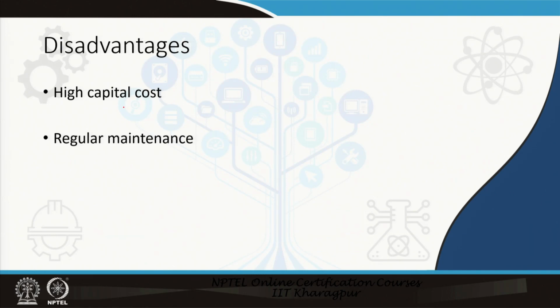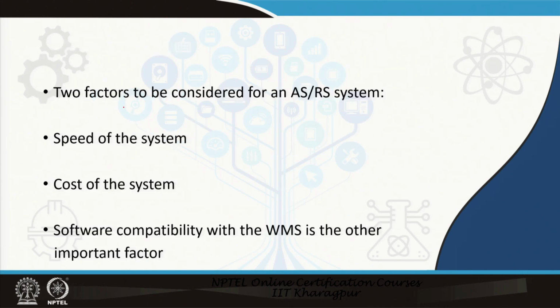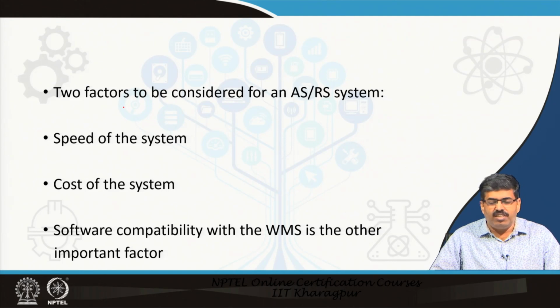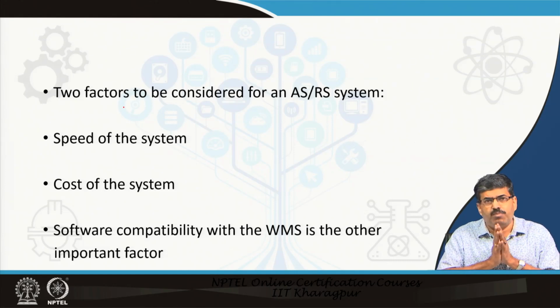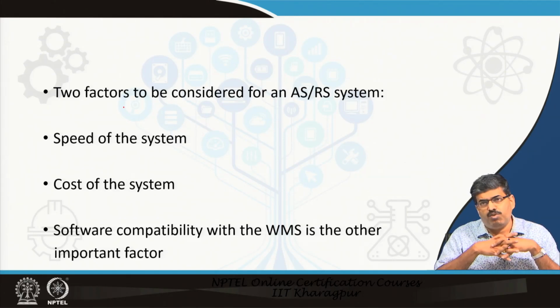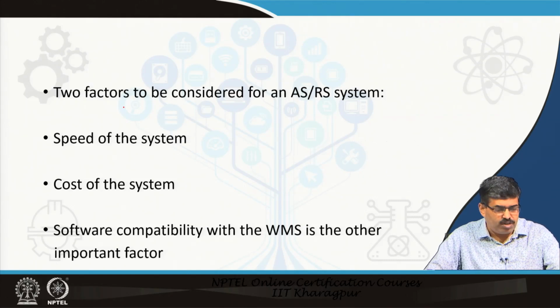So, the factors to be considered for an ASRS system are the speed of the system, the cost of the system, and software compatibility with the warehouse management system. You already have a warehouse management system, WMS, in place. So, the speed of the system, the cost and its compatibility with the WMS are very important.